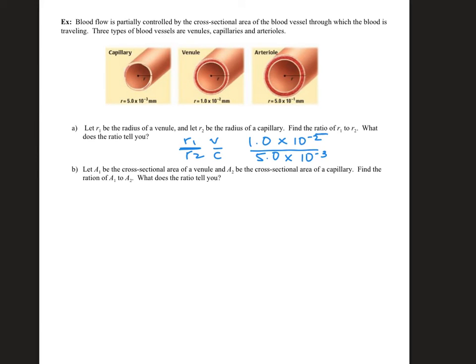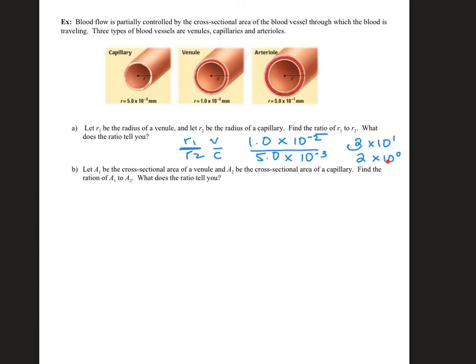And so then if I were to divide those, 1 divided by 5 is going to get me 0.2, and 10 to the negative 2 divided by 10 to the negative third, if I subtract negative 2 minus negative 3, would be 10 to the first. But again, not in scientific notation, and so I'd actually have to move the decimal one place closer, which means 2 times 10 to the 0.